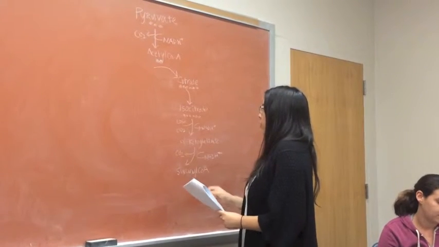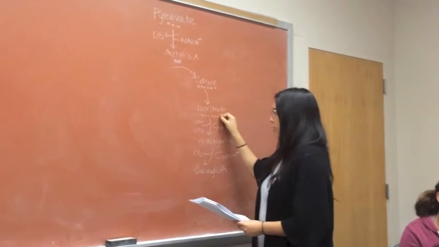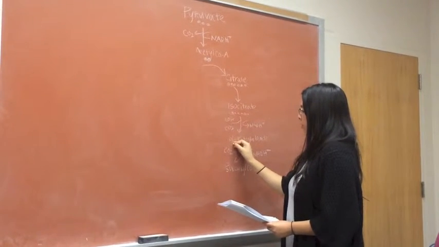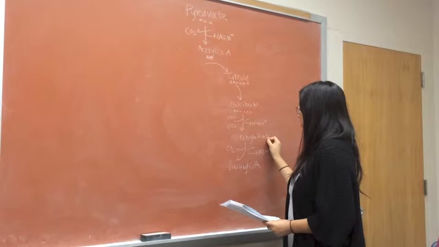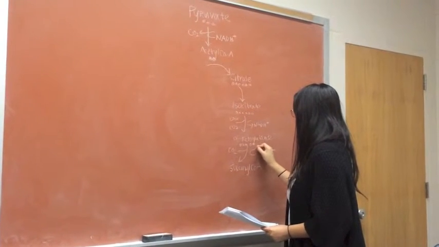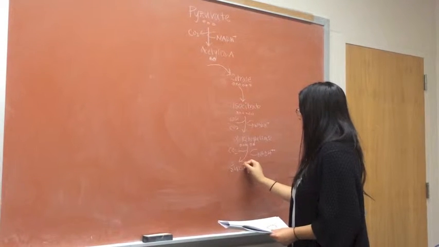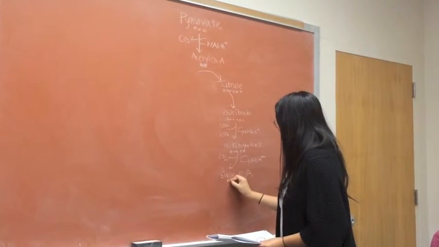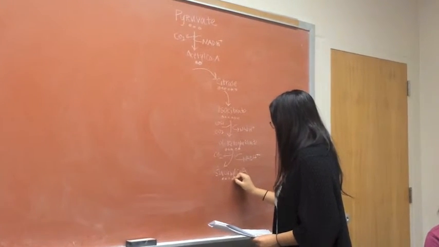Okay, so going from isocitrate, 6 carbons, to losing a CO2, we have now alpha ketoglutarate with 5 carbons. On its way to becoming succinyl-CoA, we lose another carbon, and succinyl-CoA has 4 carbons.